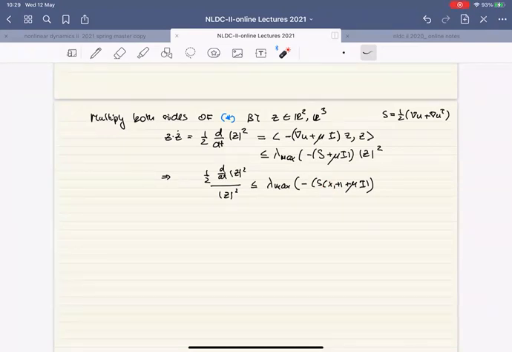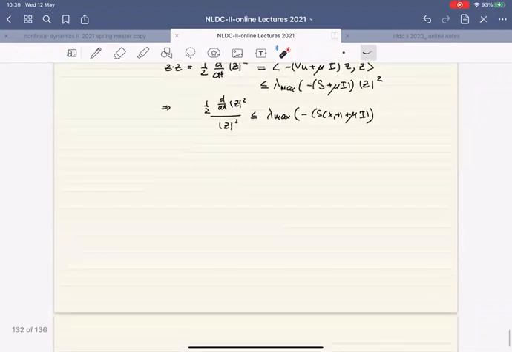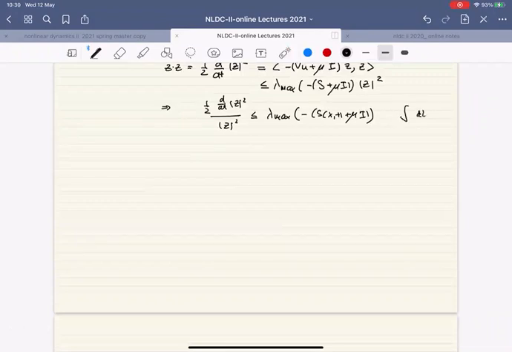Therefore, if you integrate both sides, then by the additivity of the integral the left-hand side will be less than the integral of the right-hand side, right? So if you integrate in time from say t naught to t, and I should probably be more precise, I'll just say dt tilde, then the integral on the left-hand side will just give me 1/2 times log of norm z of t divided by z of t naught norm squared.